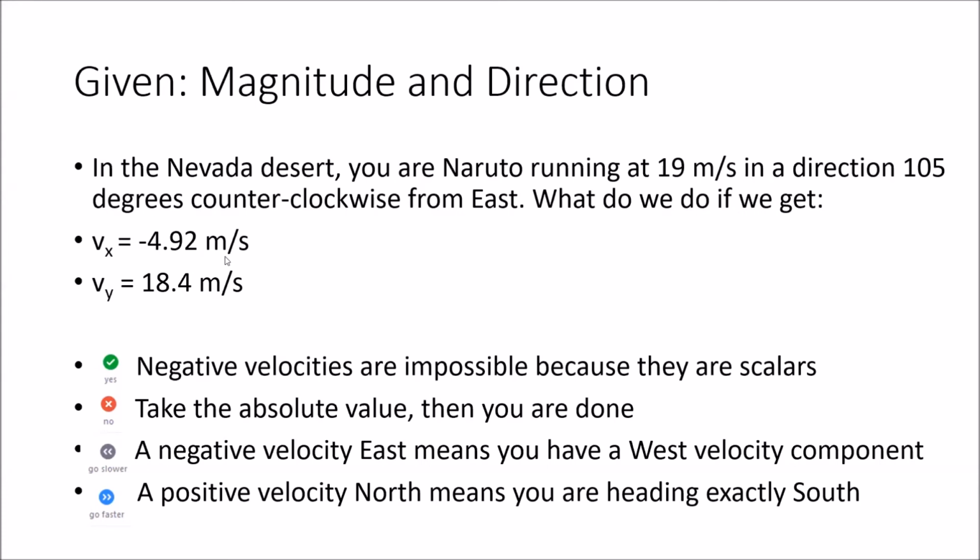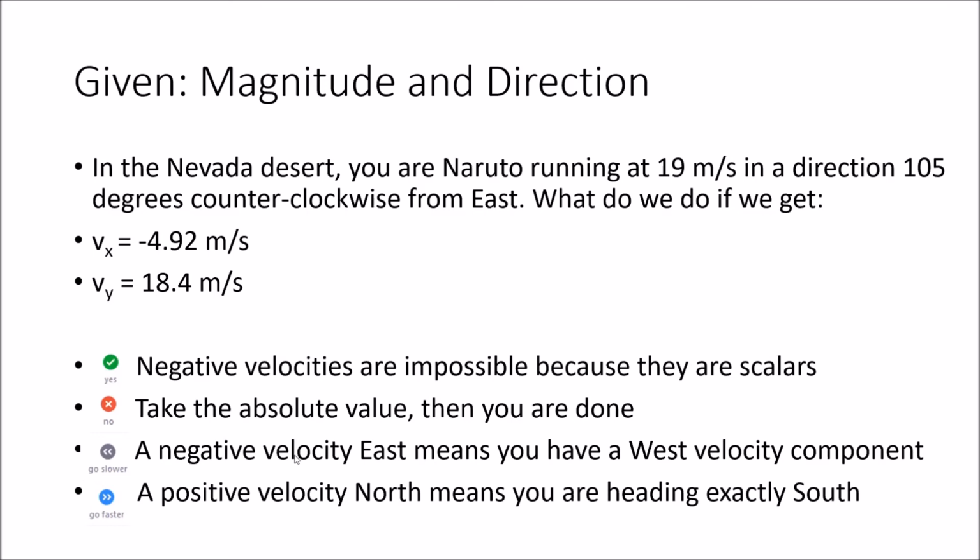If you took the absolute value of this, you would end up getting two positive values. And you know that if you have a positive x and a positive y, then you're in the first quadrant. But that's not where you're actually running. You're running in that second quadrant. You're going a little bit west because you've gone 105 degrees, which is more than 90 degrees, counterclockwise from east. So you can't just take the absolute value.